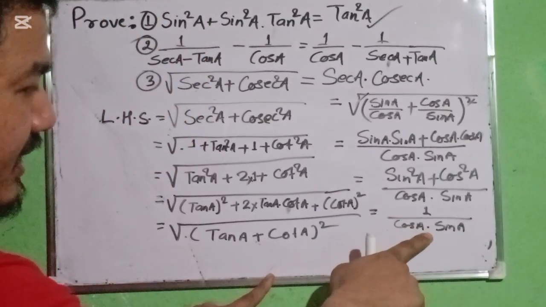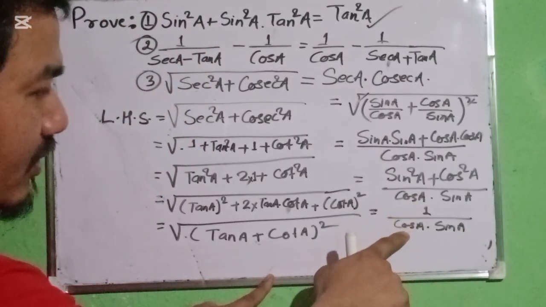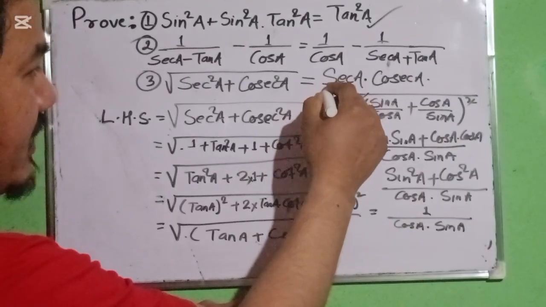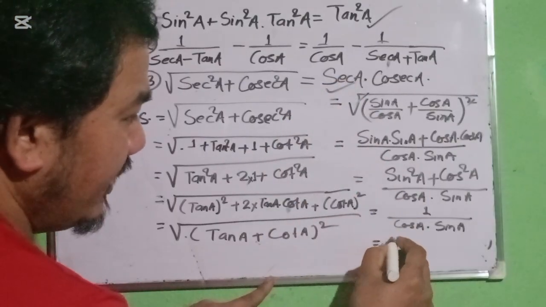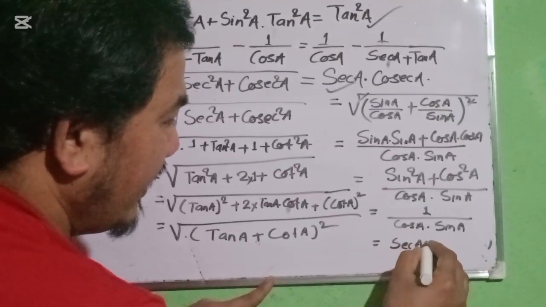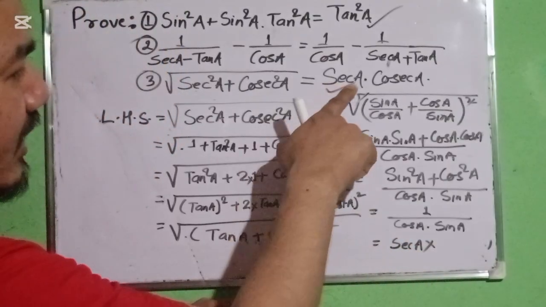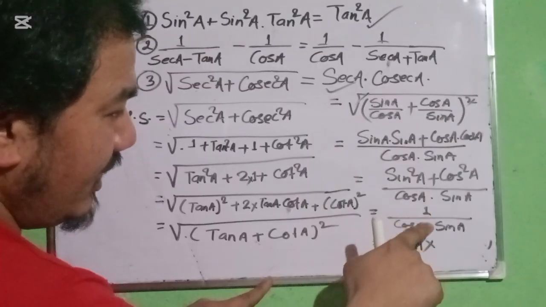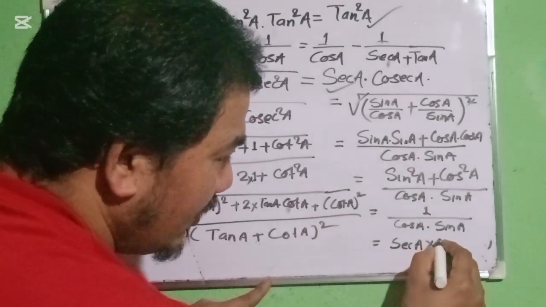Now here is the multiply sign, that's why 1 divided by cos A means sec A, a reciprocal relation it is, 1 by cos A means sec A into, and there is cosec A, that's why 1 by sin A means cosec A in the reciprocal relation.